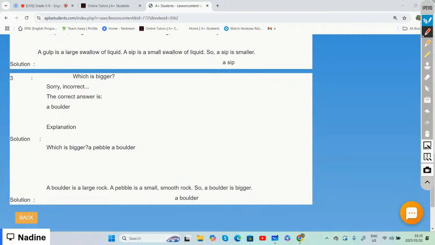Which one is bigger? Do we say a pebble is bigger, or do we say a boulder is bigger? We need to say which one is bigger.